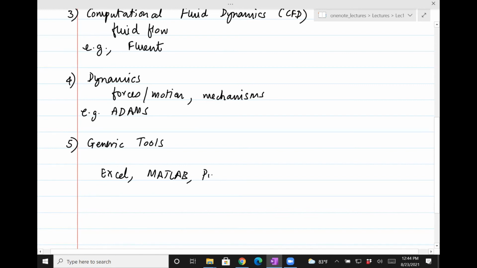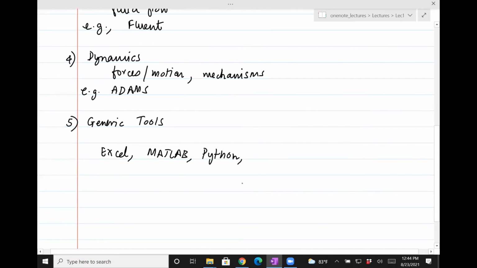So people typically in industry will be using Python, which is an open source numerical package, just like Matlab. And then Maple is another one, which is used for symbolic stuff. What I mean by symbolic stuff is you want the equations or do some analysis where you have variables instead of numbers, then Maple is usually the choice.